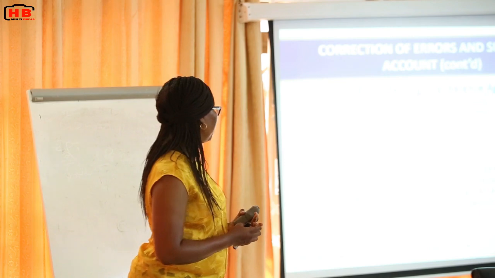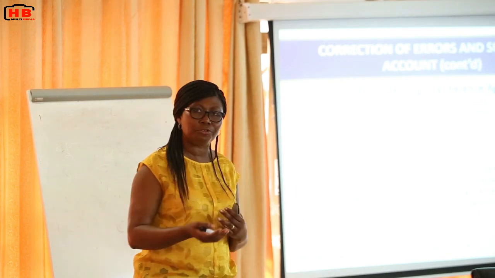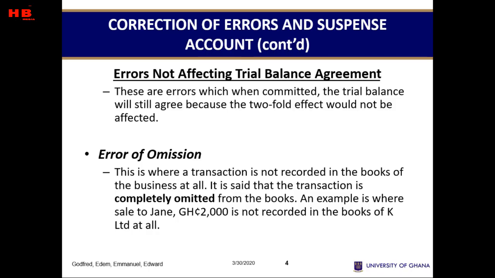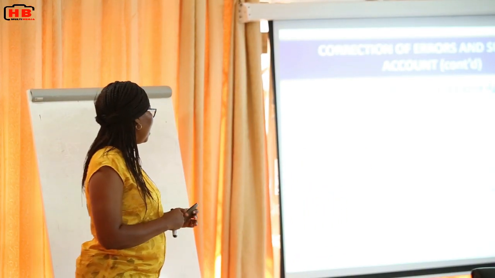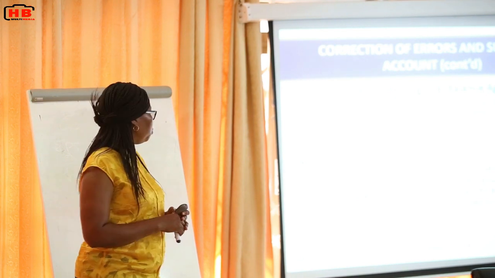Any accounts clerical staff, anybody who is entering the transaction may omit it without any intention of fraud, and that is where we are saying it's an error of omission, not where you deliberately do it because of fraudulent attitude or behavior. Here it is a complete omission.